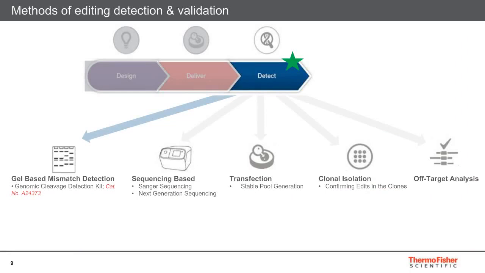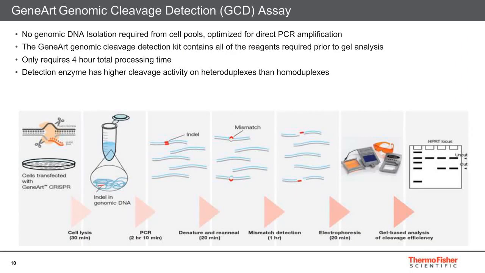So first is the gel-based mismatch detection assay. It's also called the genomic cleavage detection assay. It's a very simple, only 4-hour workflow from start to finish to address the question whether there was any genomic editing in the transfected pool. So, as we know, delivery of a genome editing tool into the cells will lead to genomic cleavage, shown here by scissors.